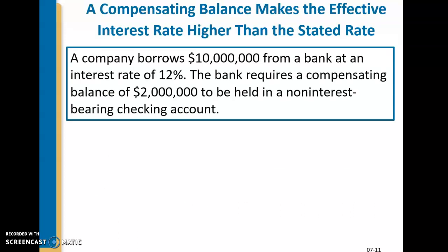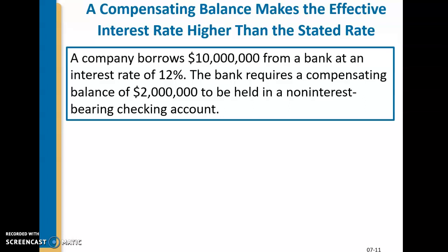Here's an illustration. The illustration on this slide shows how a compensating balance makes the effective interest rate higher than the stated interest rate. This is the same example discussed in your textbook on page 342. In this example, the company borrows $10 million from a bank at an interest rate of 12%.